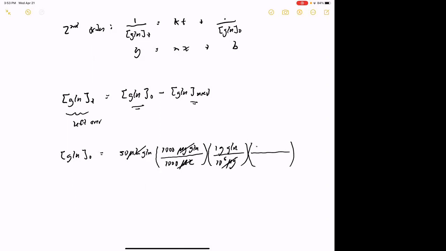For every 1 mole of glucose, the molar mass is 180.16 grams, so grams of glucose cancel. The last thing I have to do is divide this by the diluted volume. What was the total volume in the big test tube? If you add everything up, it was 3 milliliters. So ultimately I multiply by 1 over V total.